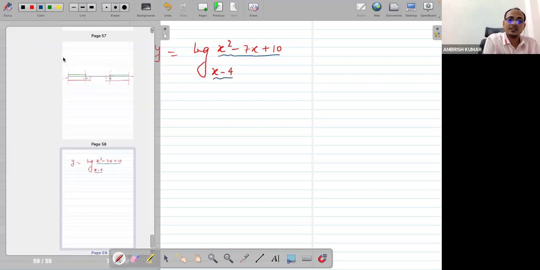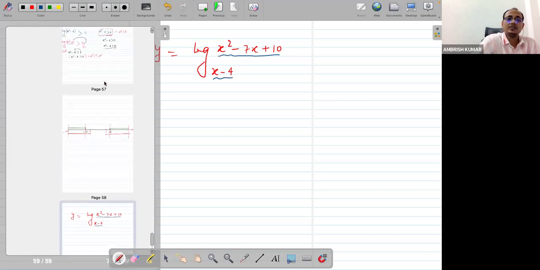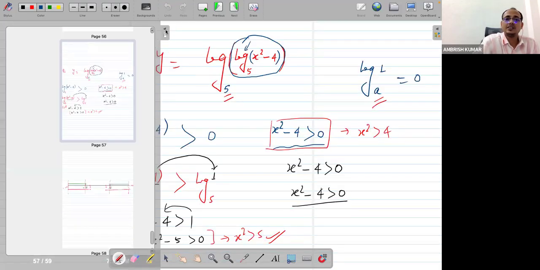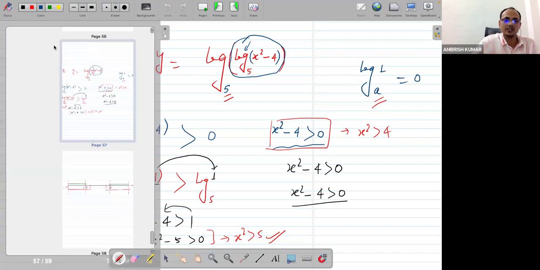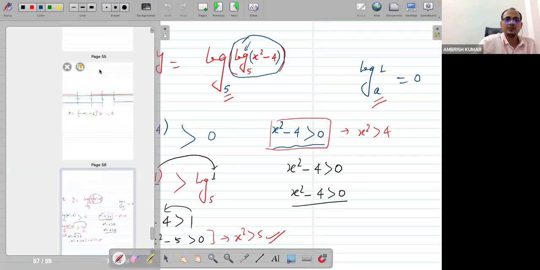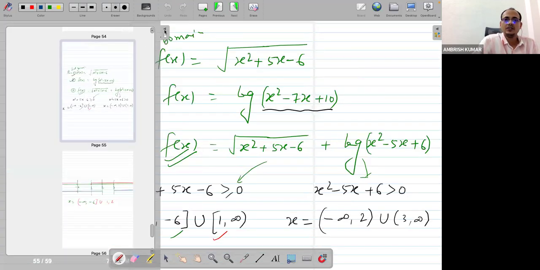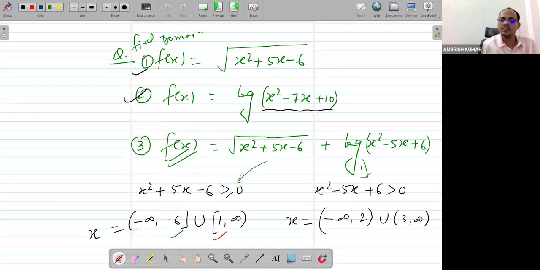In the previous question that we solved, the base was given to you as some fixed number, so we do not bother about that. 5 is already greater than 0, 5 not equals to 1. Here in this question, log is there, and generally if no base is given, we assume the base as e.